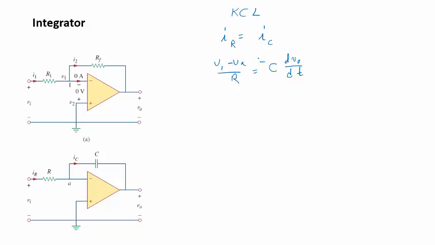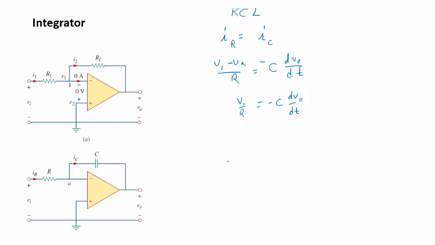So it's really 0 minus C dVout/dt. So 0 minus makes this part be a minus sign, and VA is 0 volts right here. So we have V1 over R equals minus C dVout/dt.